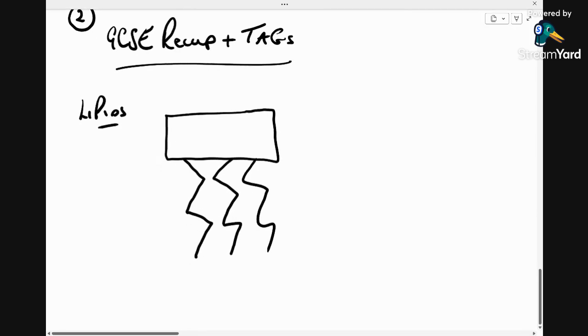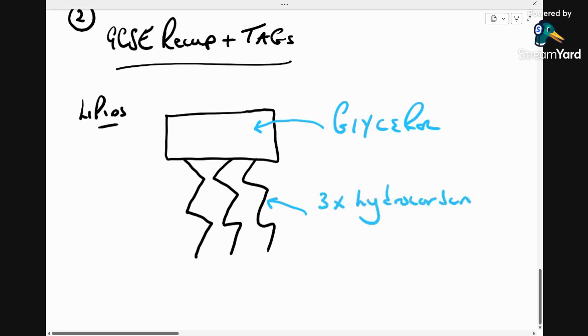And you may or may not have been told, don't worry if you haven't, that this box represents a molecule called glycerol, and that these three chains here, these three hydrocarbon chains, are known as fatty acids.